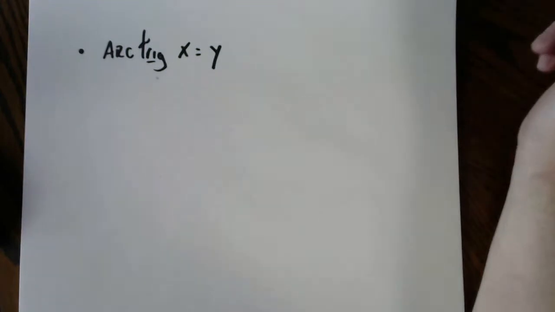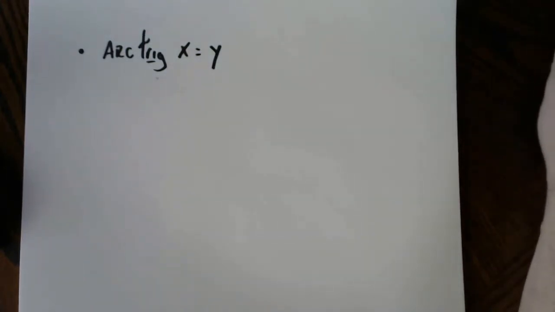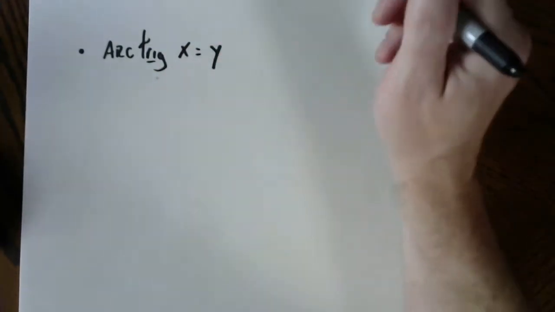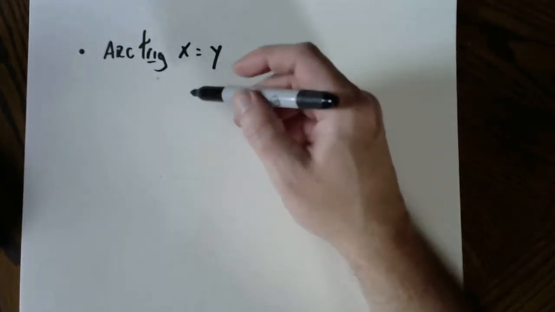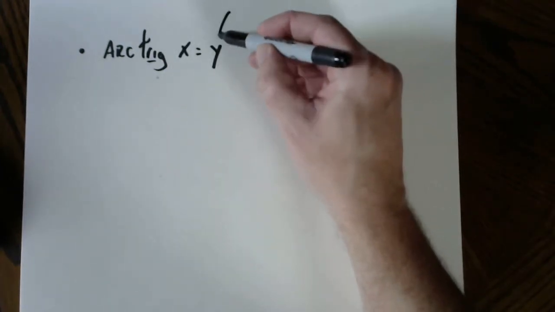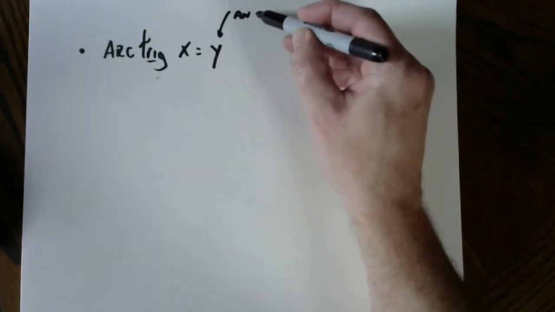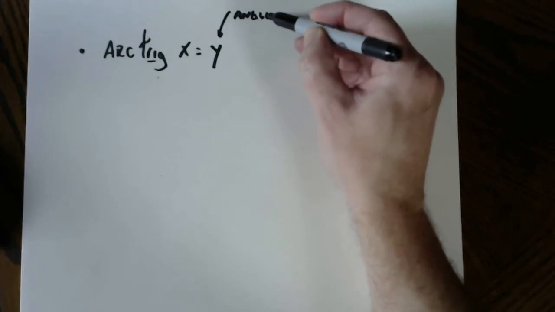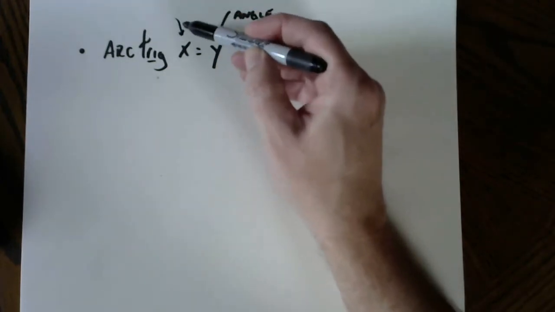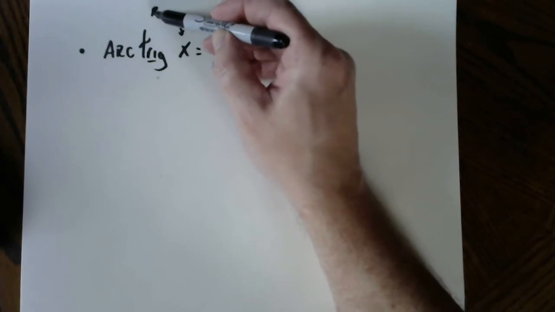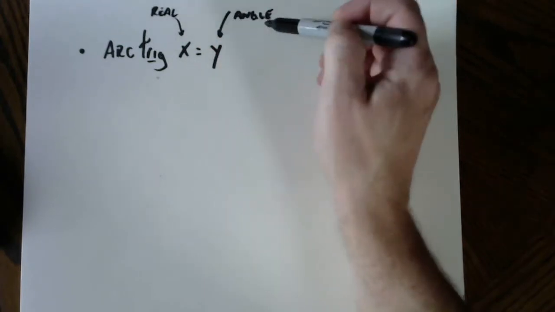What does this mean? Think about a trig function. We put in the input into a trig function we think of as an angle, and we get a real number out. This being an inverse is the opposite. So when you are evaluating this, the output here is now the angle. Okay, real number goes in, and an angle comes out.